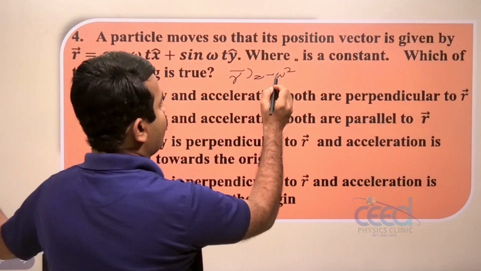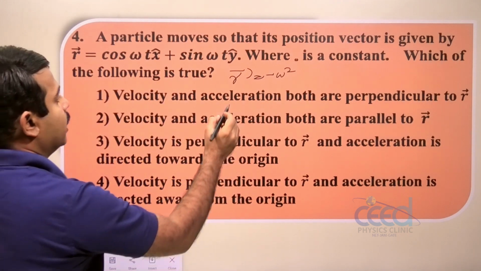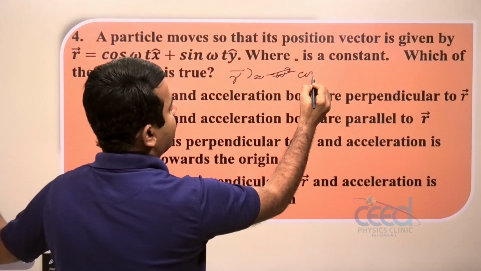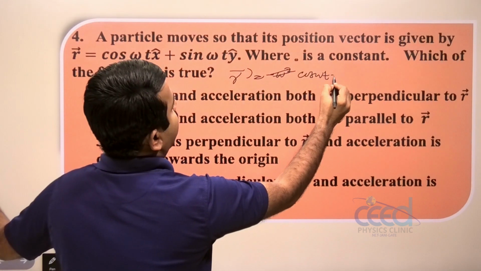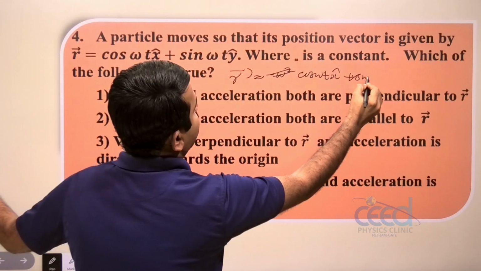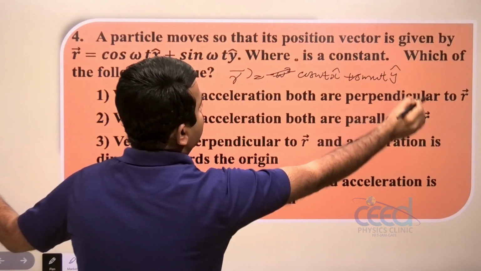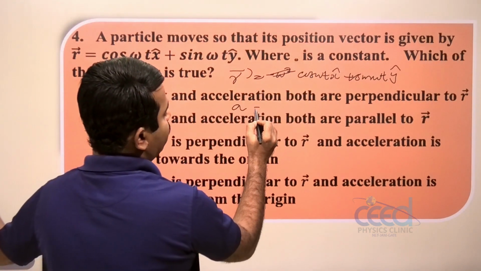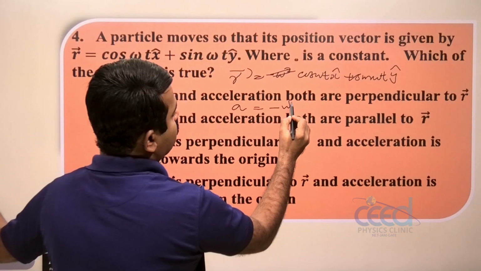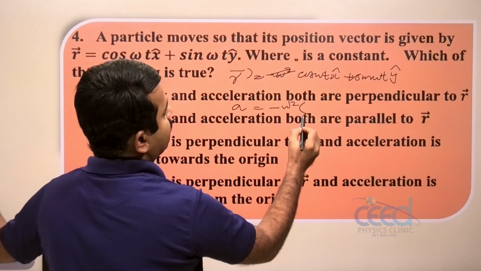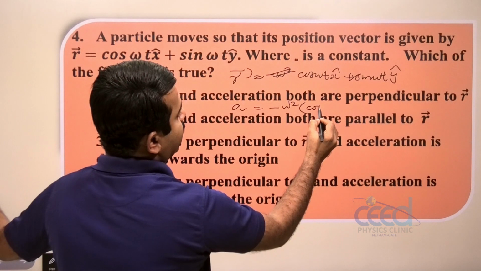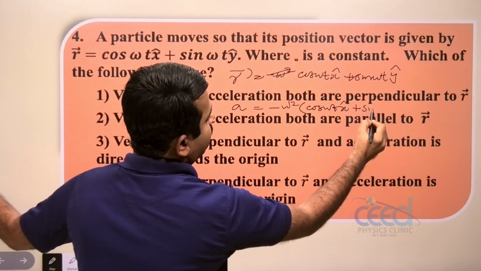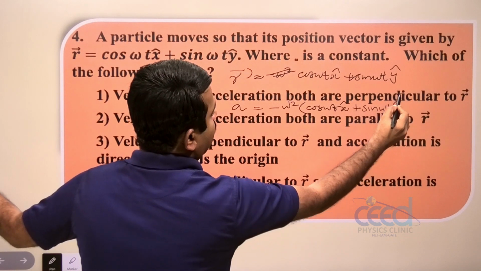R is equal to, we wrote as cos omega t x cap plus sin omega t y cap. Now acceleration, what we got? Minus omega square into cos omega t x cap plus sin omega t y cap.